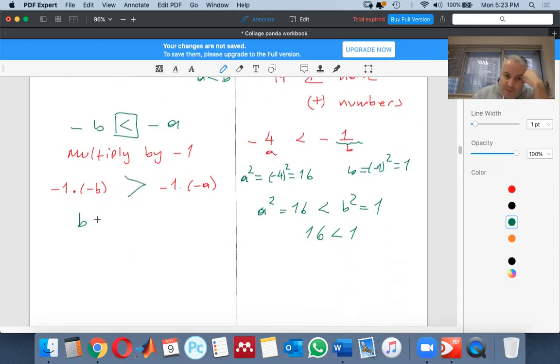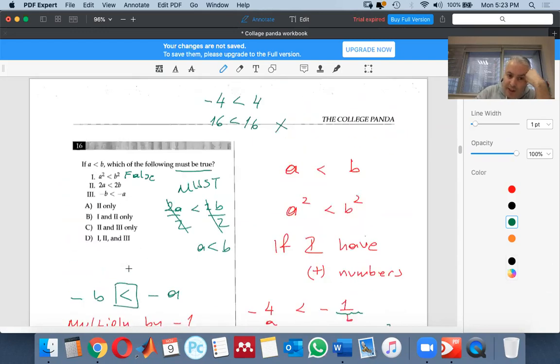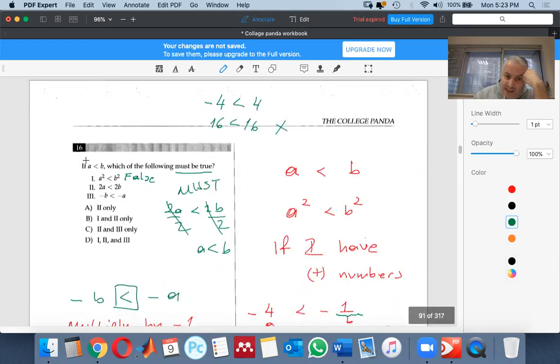So positive B is greater than A. What does it mean? It means A is less than B. Is it correct? Yes. When you check the given, at the beginning it says that A is less than B. So it's okay. False, true, true. So the answer is, what is the answer then?